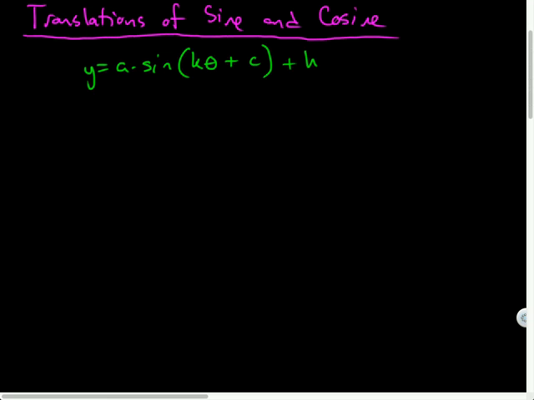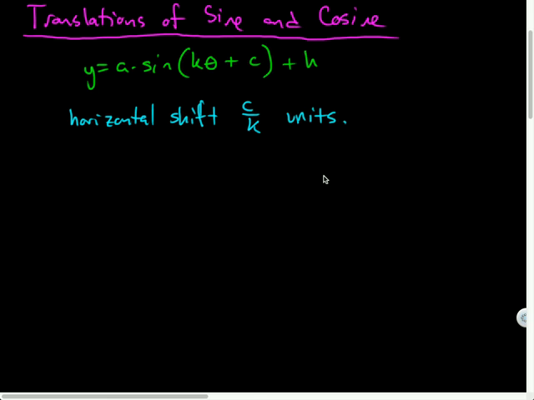So let's see, what facts do I know about this? It turns out there is a horizontal shift by c over k units.